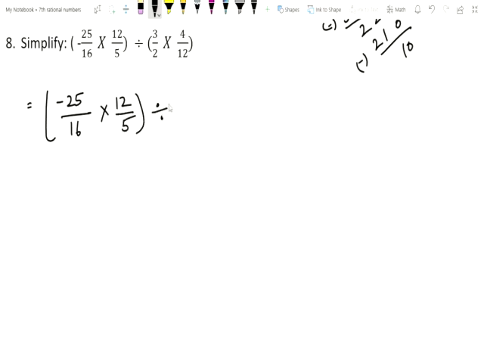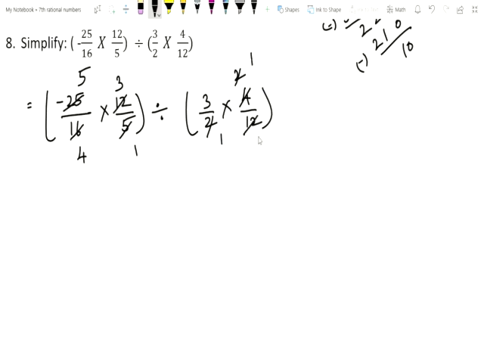So 5 ones are 5, 5 5s are 25, 4 4s are 16, 4 3s are 12. Okay. Likewise 2 ones are 2, 2 2s are 4, 2 ones are 2, 2 6s are 12, 3 ones are 3, 3 2s are 6.